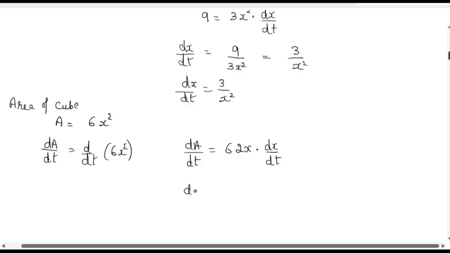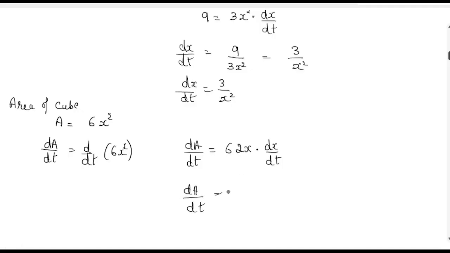Or dA by dt equals 6 into 2 is 12. 12 into x, which is given as 10 centimeter, into dx by dt, which is 3 by x square, that is 10 square.